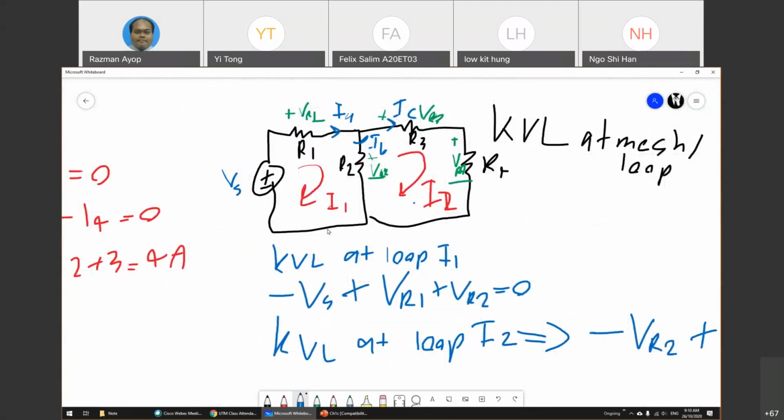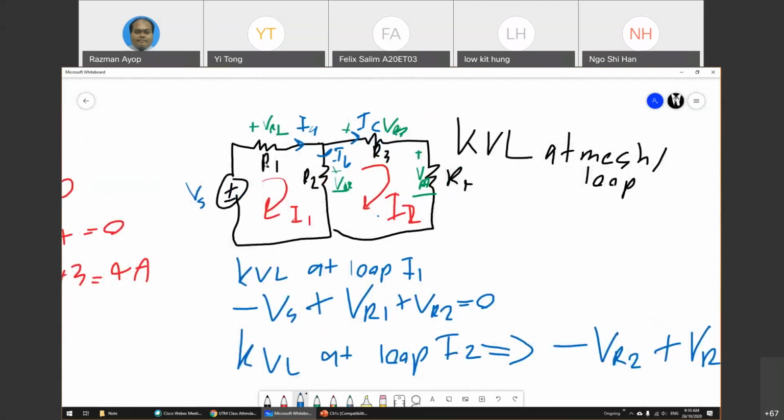Okay, how to apply it? For example, if you use this one, this is maybe 5 volt.